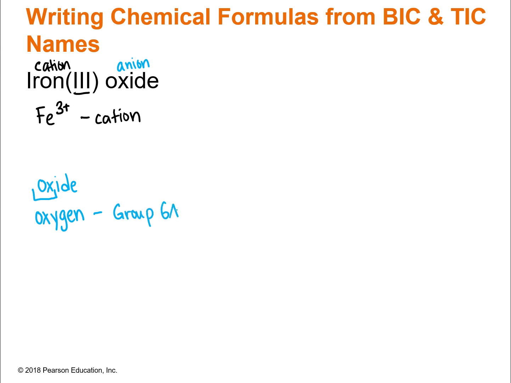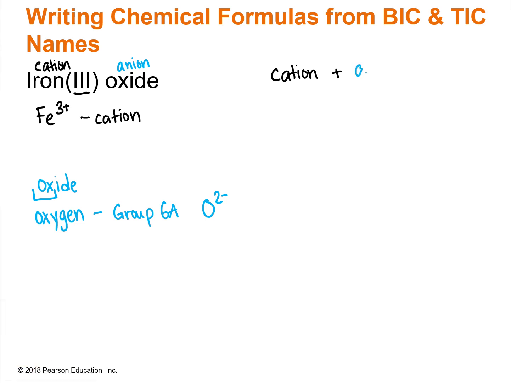Oxygen is also in group 6A. I'm not going to walk through the charge again because it's exactly the same as the sulfur that we just did. So we know that oxide, it's O2 minus. Now let's do our tally.